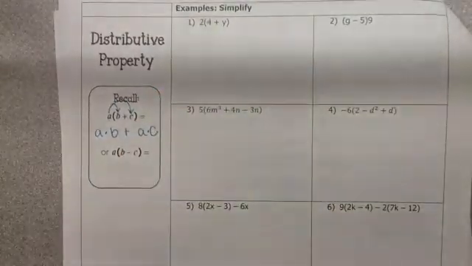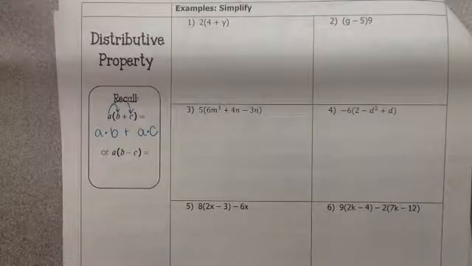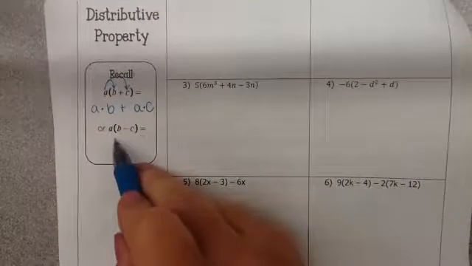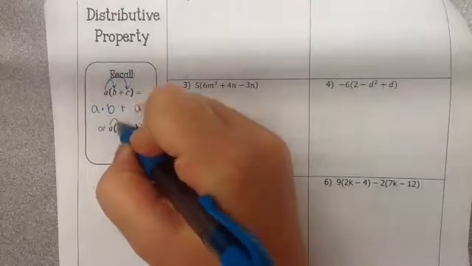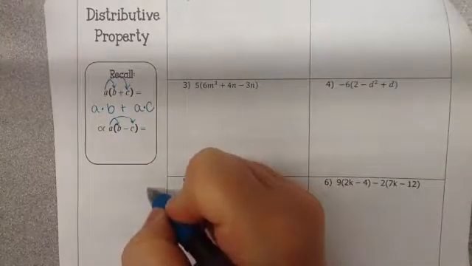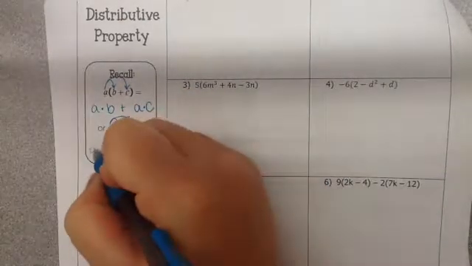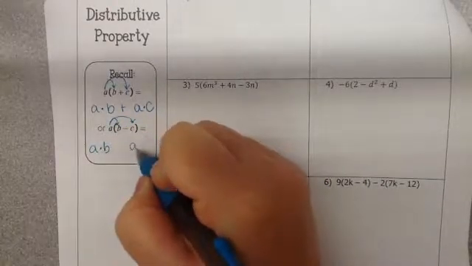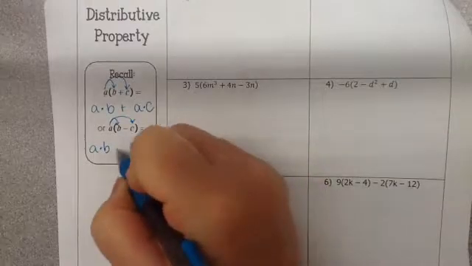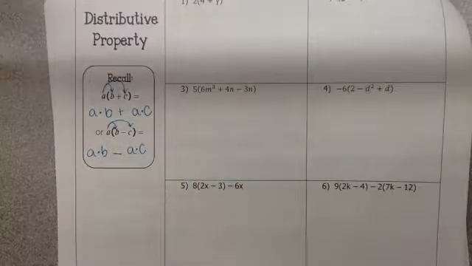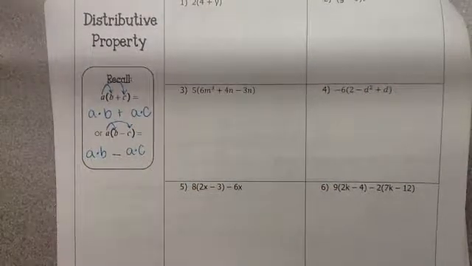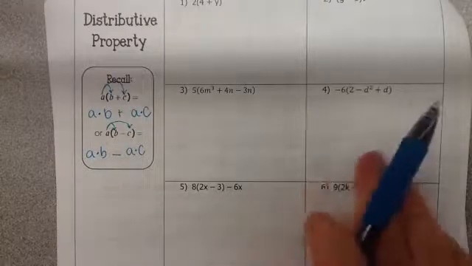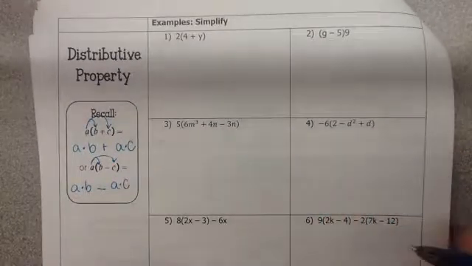Bring down the plus sign. I'll do the same thing here, distribute, but what's different? There'll be a minus in between, so a times b and a times c, but there'll be a minus there. So make sure to distribute or multiply it by both pieces.